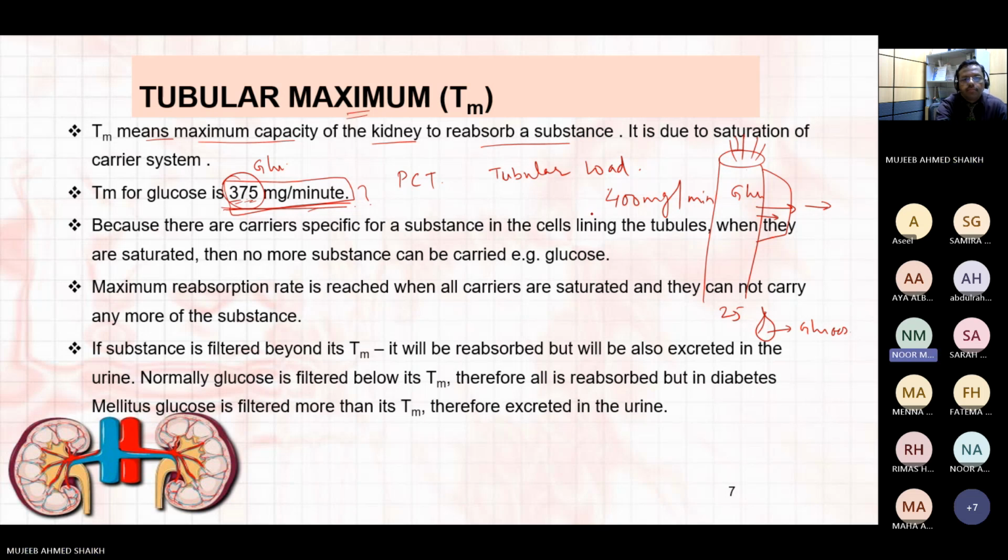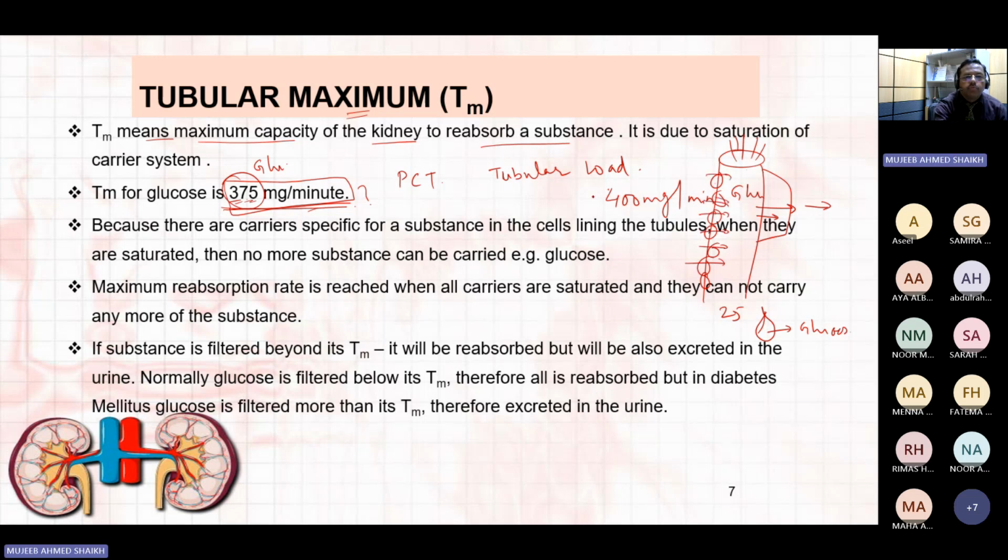Because the carriers are full. Good, excellent. Any substance which requires carrier transport depends upon the number of carriers. Let's say one carrier can transport 1 milligram only. So if there are only 375 carriers in the tubule, then all the carriers will transport 1 each.